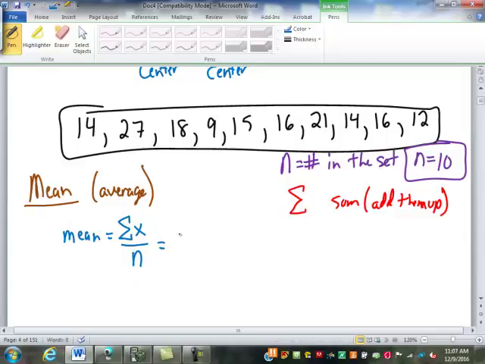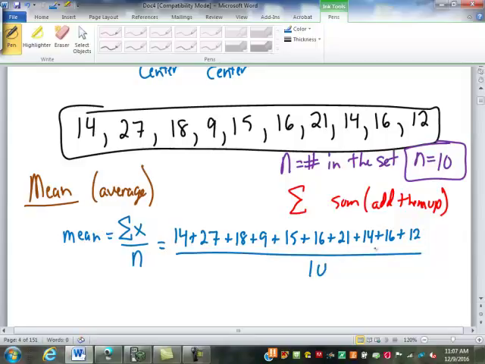So if I add them all up, that'd be 14 plus 27 is 41, plus 18 is 57, plus 9 is 66, plus 15 is 81, plus 16 is 97, plus 21 is 118, plus 14 is 132, plus 16 is 148, plus 12 is 160. 160 over 10, did I add those up correctly?